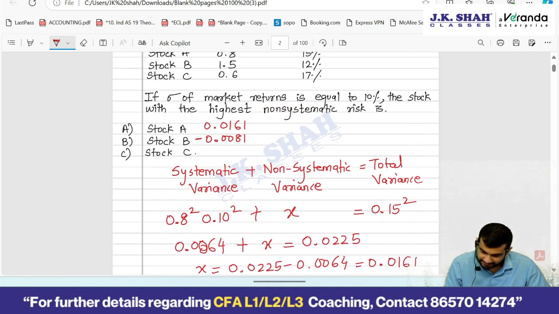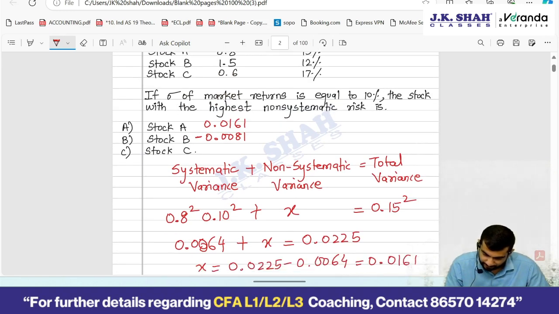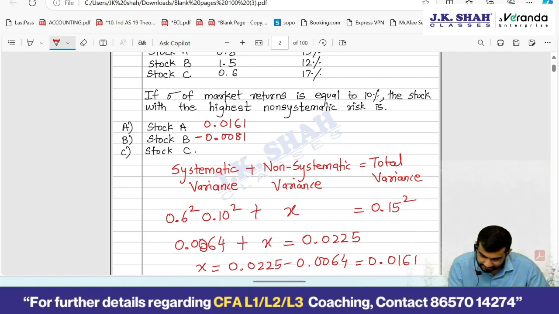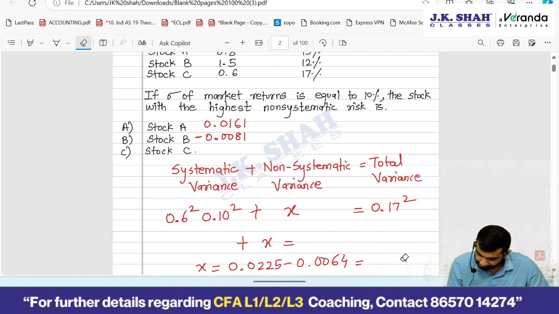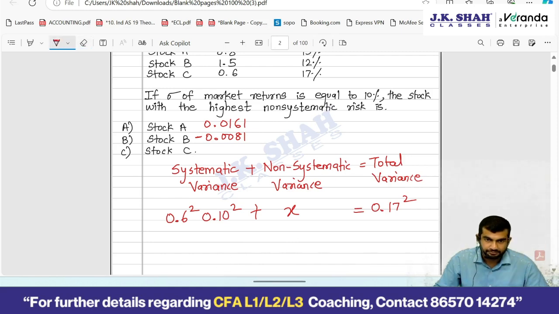And for stock C it would be 0.6 square this, and standard deviation is 17. How much is it going to be for stock C? Calculate and tell me. 0.0253. Option C, highest.